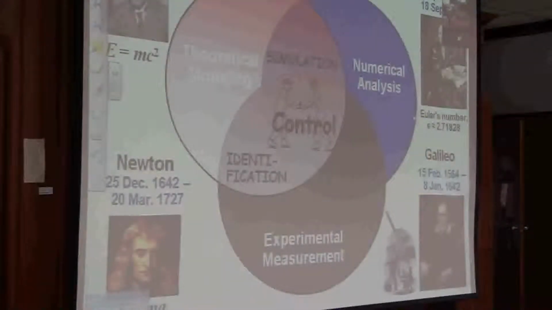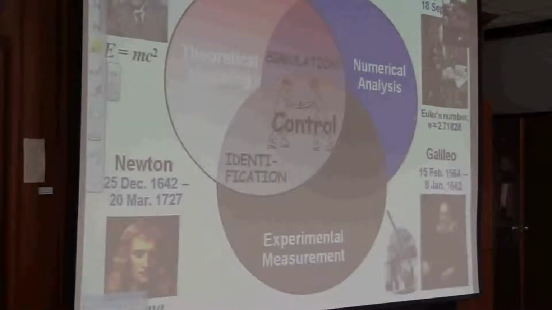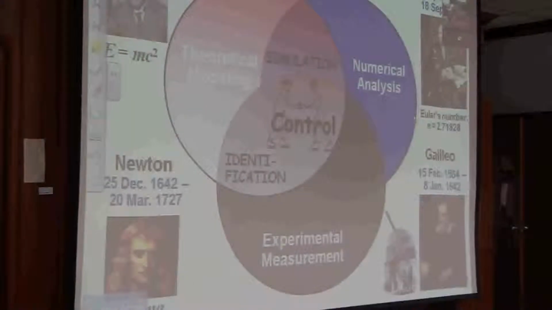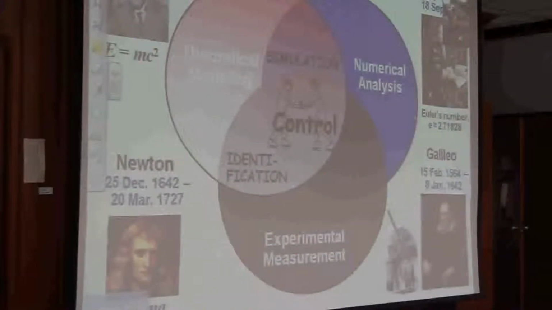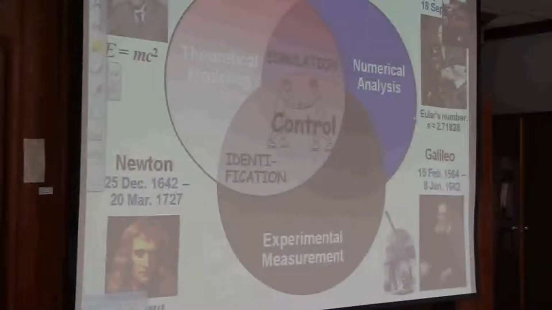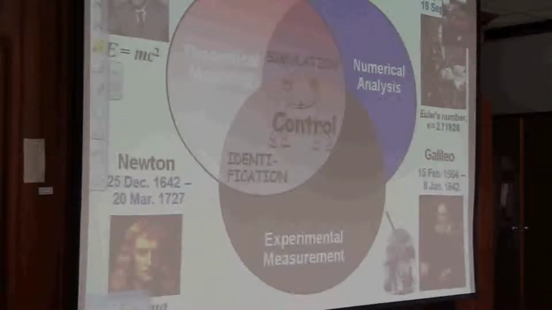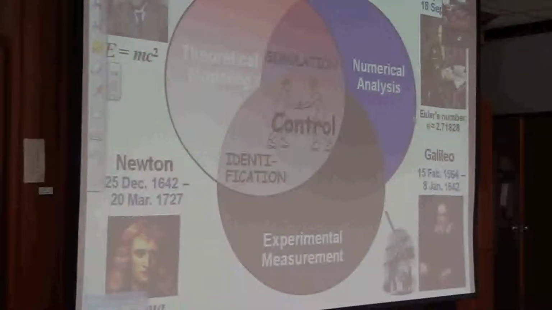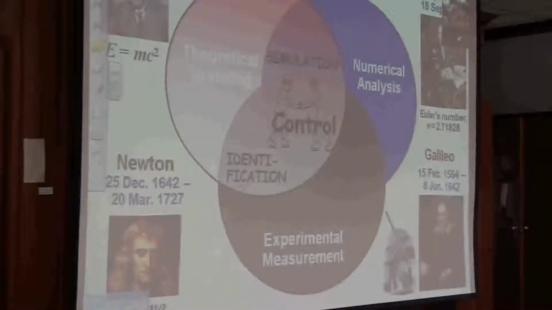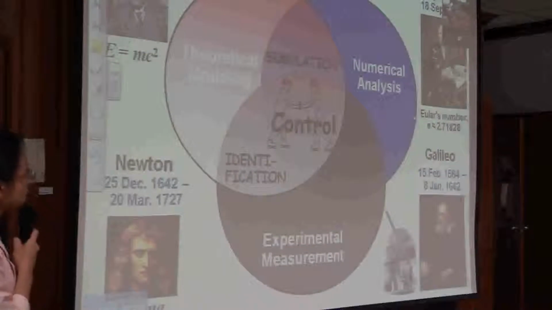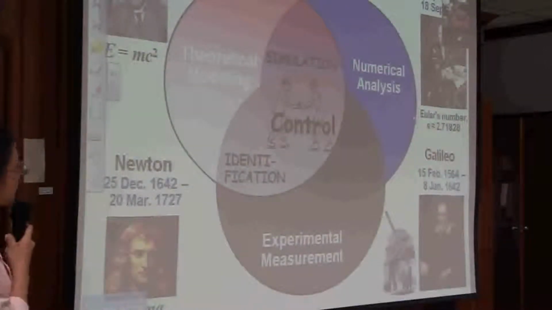Okay, so with all three bubbles combined, we get the subject of control. What we're focusing on in this course is mainly how we use the techniques from all three places and combine them together. You see figures of well-known physicists and astronomers and even maybe mathematicians.